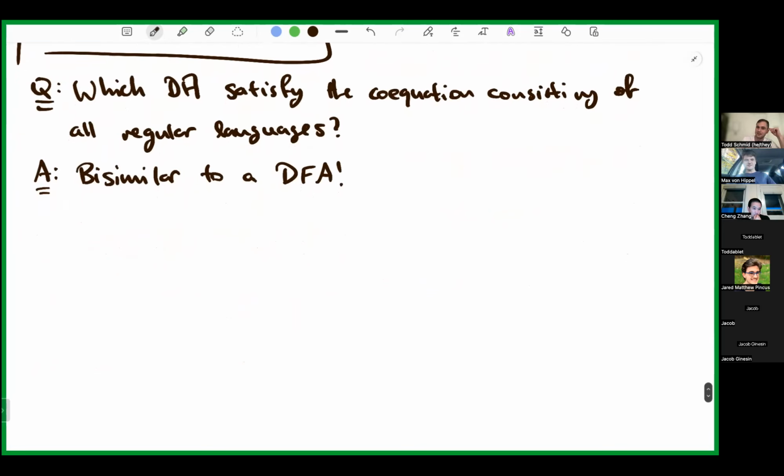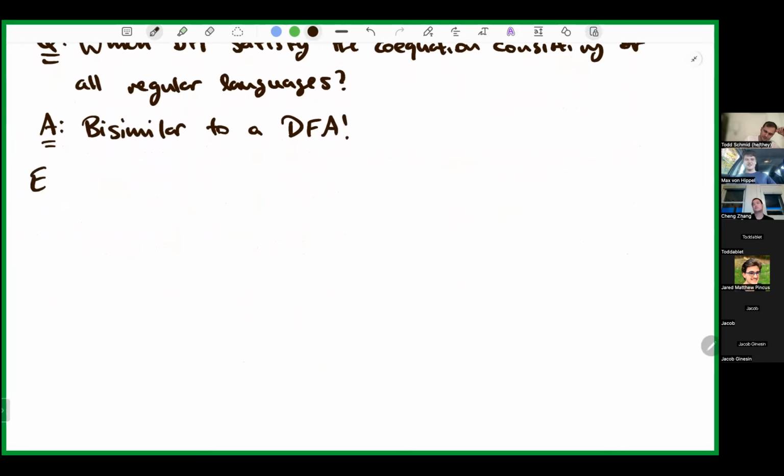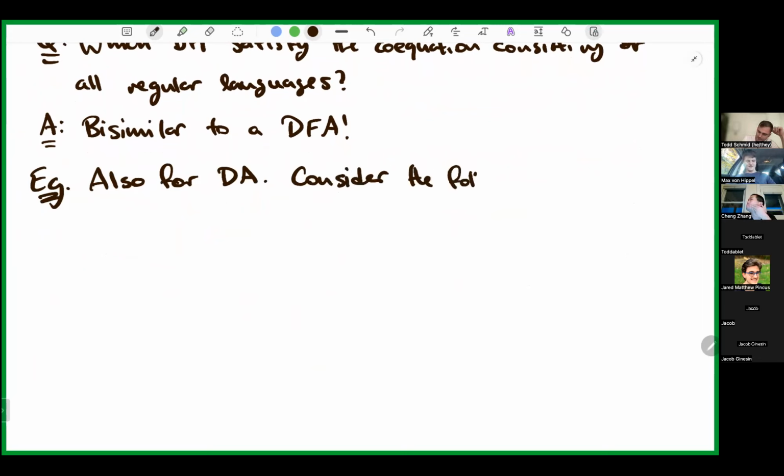So here's maybe my second example, also for deterministic automata. So I want to consider the following two color property.